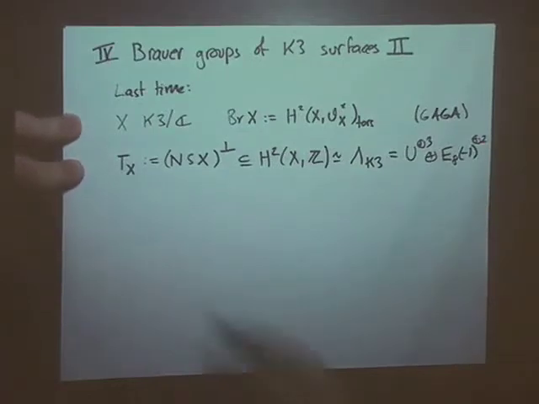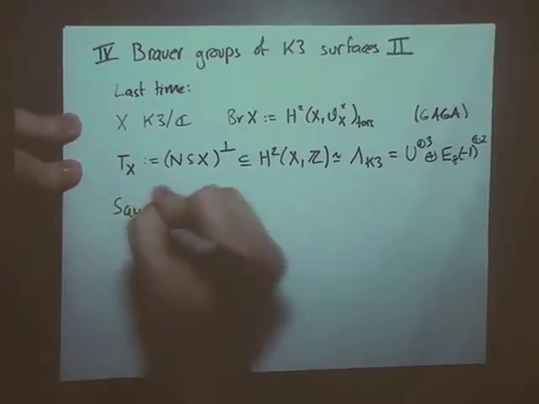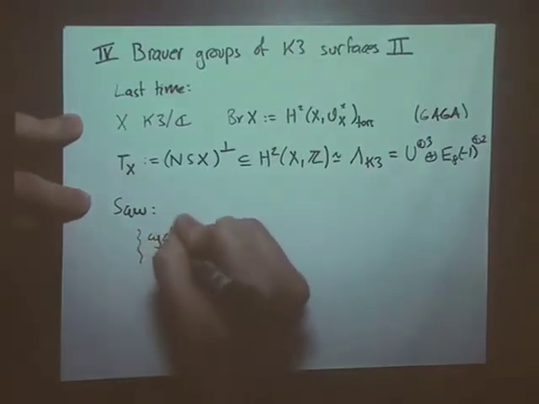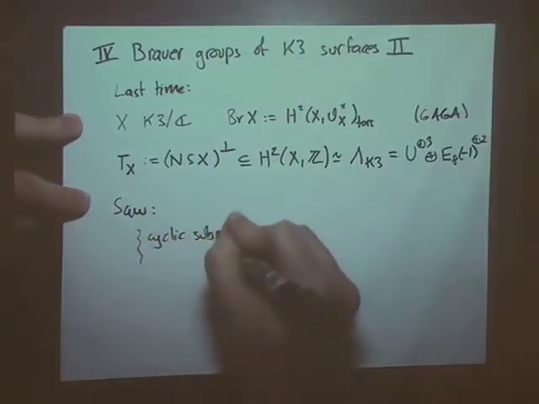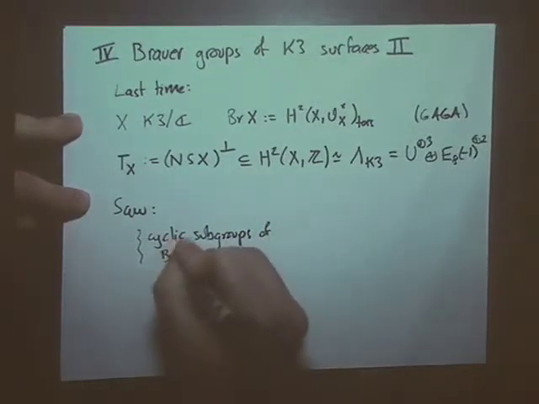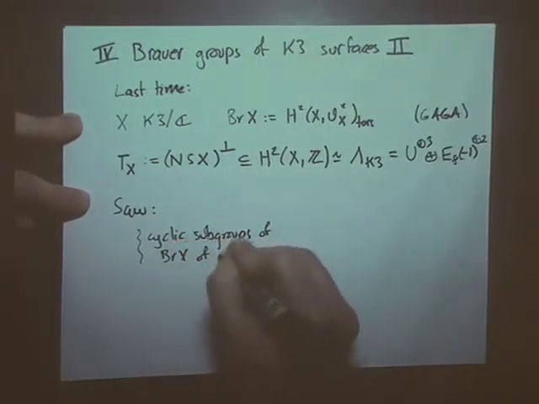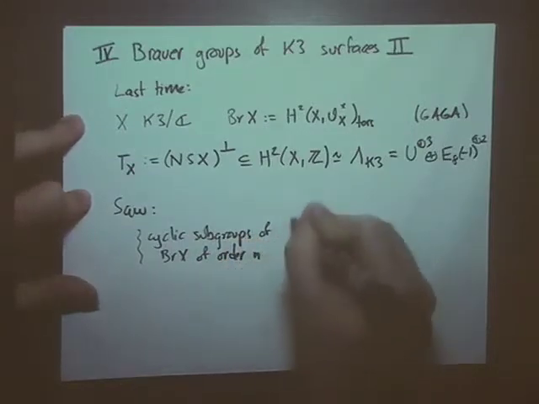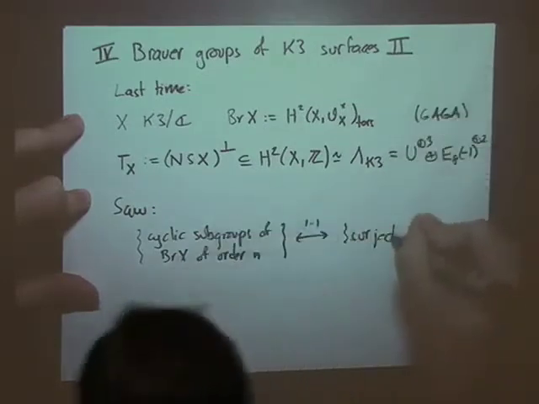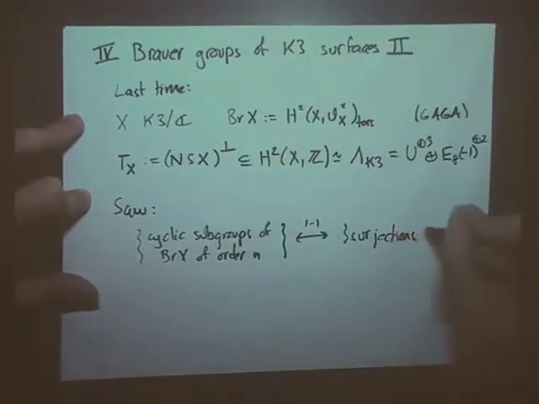Okay, and we saw that there was a one-to-one correspondence between cyclic subgroups of the Brauer group of X of order n. And so first we saw surjections from the transcendental lattice to Z mod nZ.